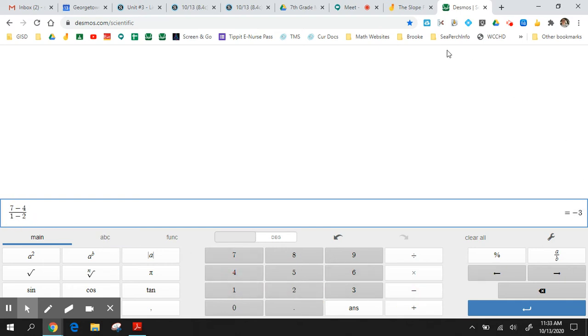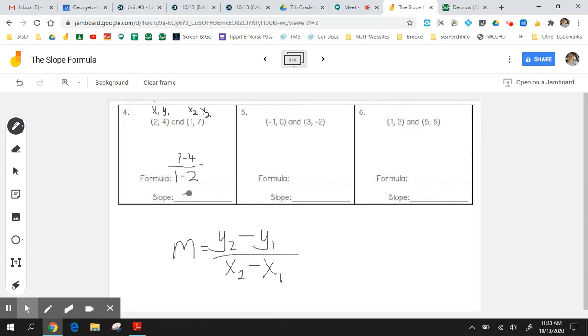All right, it gives us -3 as our slope, which makes sense because 7 minus 4 is 3 and 1 minus 2 is -1. Now, number 5, we get into where we have some negative numbers, so we're just going to have to pay extra special attention to those, make sure we don't forget them. So I'm labeling it again. Again, this just helps me remember how to put it in the correct order.